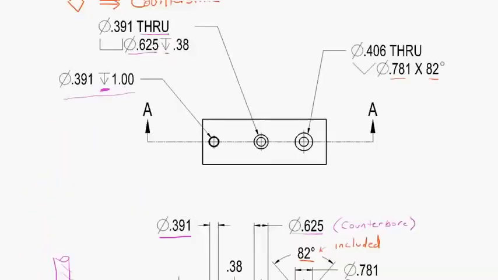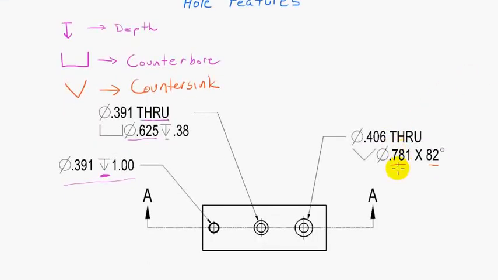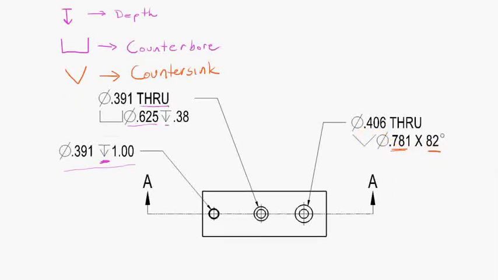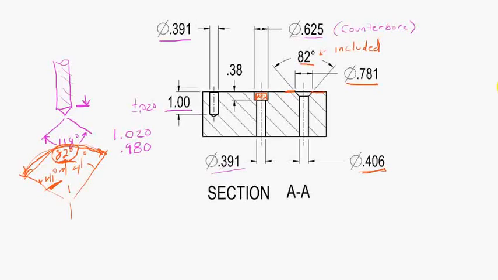Okay? And that's what we saw up here. 0.406 diameter through, countersunk 0.781 by 82 degrees. And that is used for a flathead screw, which most of you are probably familiar with.